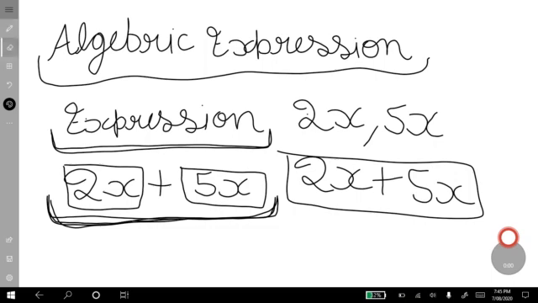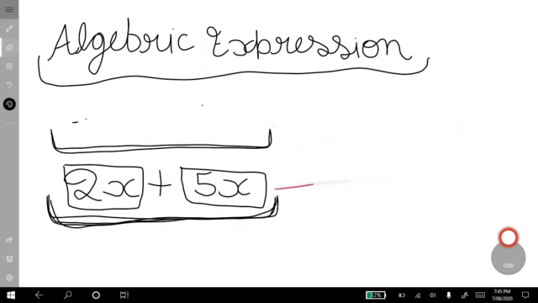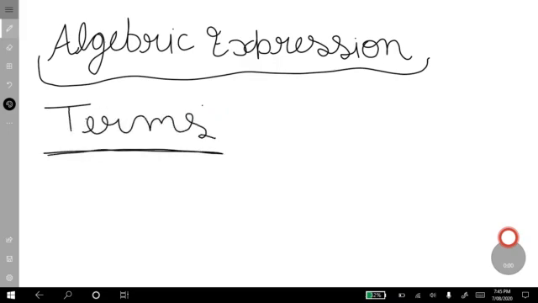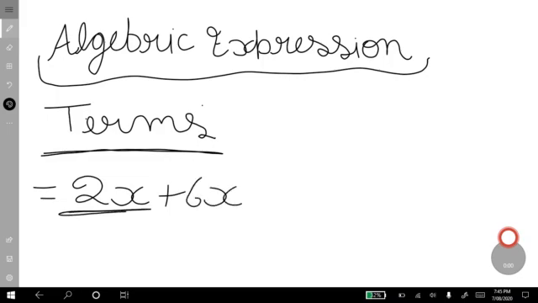So let's move on to terms. A term is a part of an expression. Here's an example: this is an expression, and it has two terms.